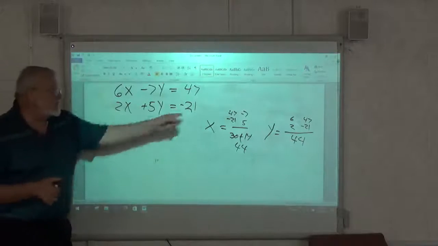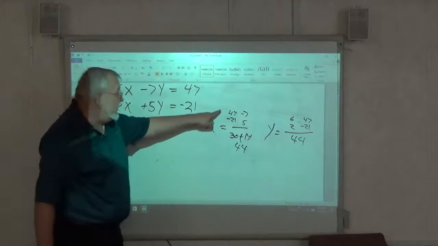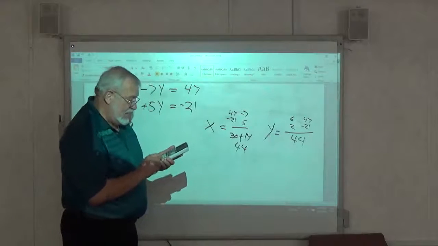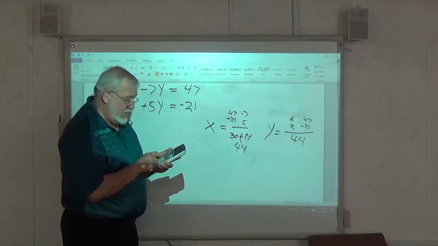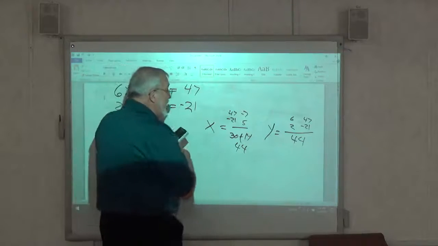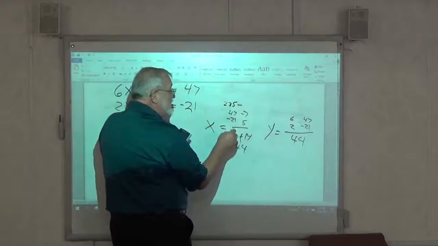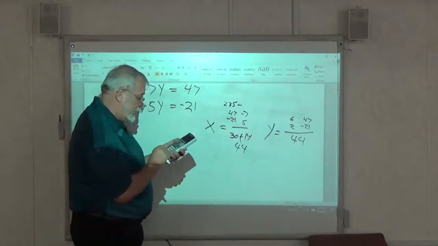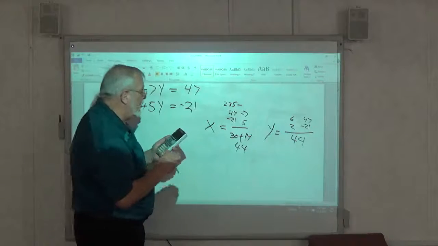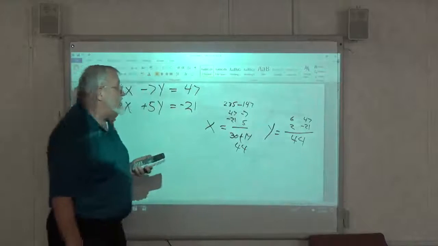All right, now we're into some math that we may have to do in a calculator. So 47 times 5 is 235 minus negative 21 times 7, 147. So it's plus 147. Yep, and two negatives make a positive.